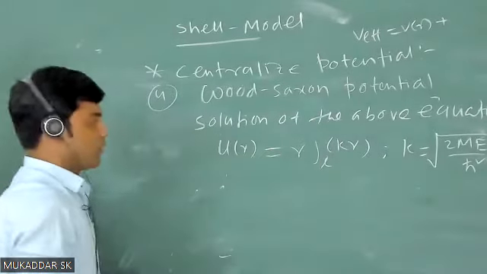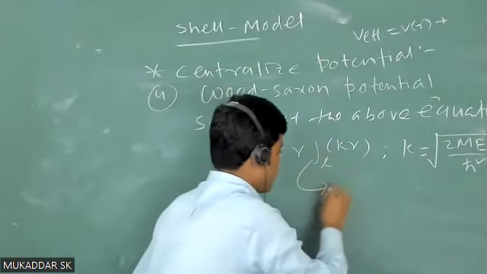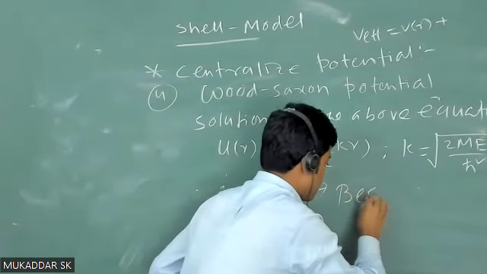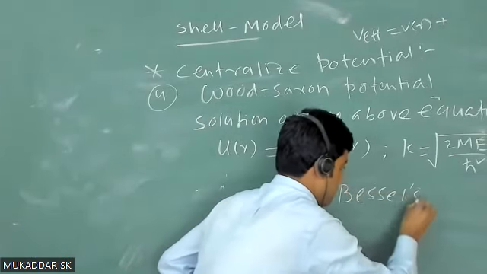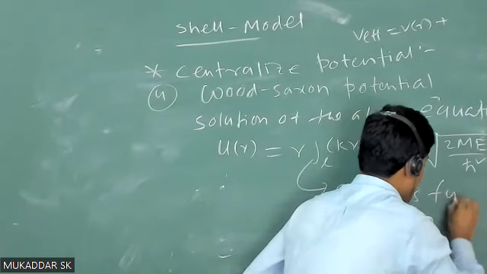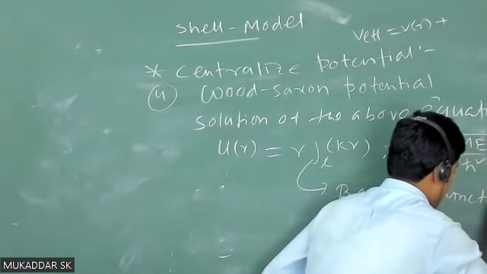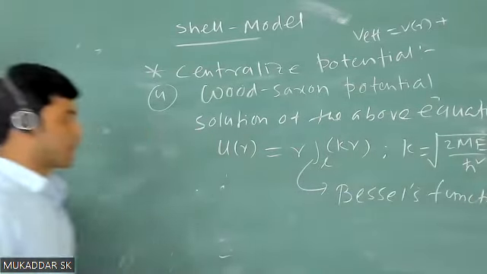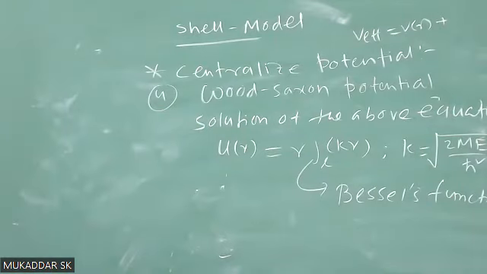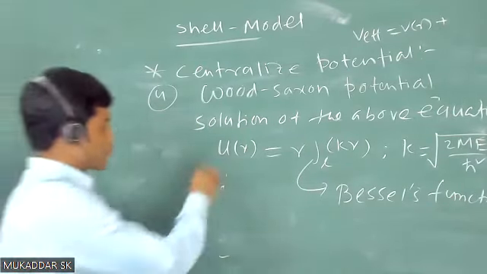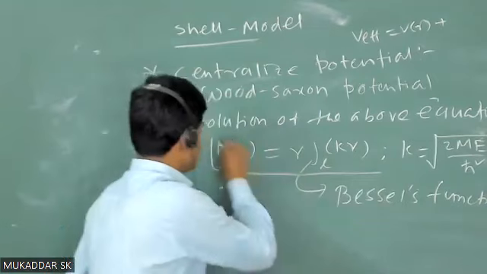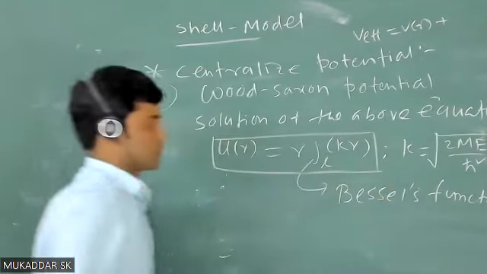And here this J is called Bessel function. J is called Bessel's function. This is the radial part of the wave function.